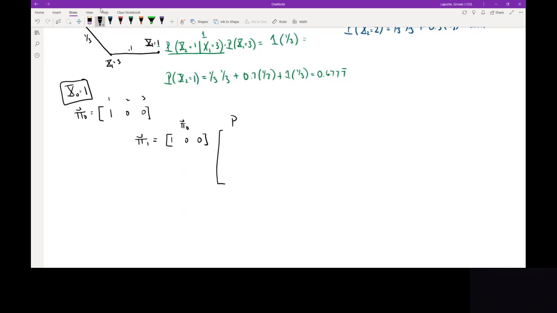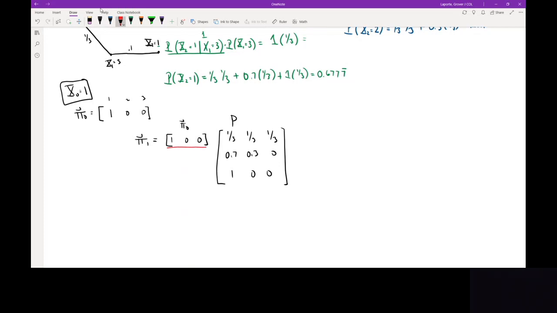So our matrix P, if you don't remember, let me write it down here. So it's 1/3, 1/3, 1/3, 0.7, 0.3, 0, and then 1, 0, 0. So that's our state transition matrix. And then the way that you multiply these matrices together is the same way we've done in the past.